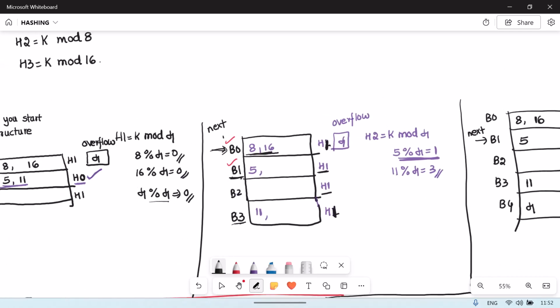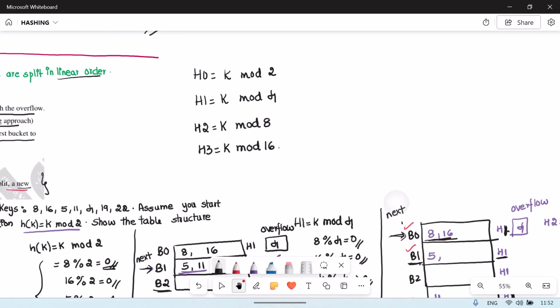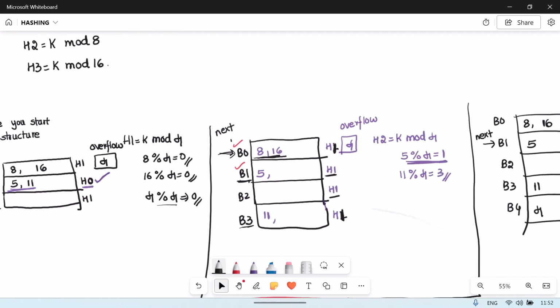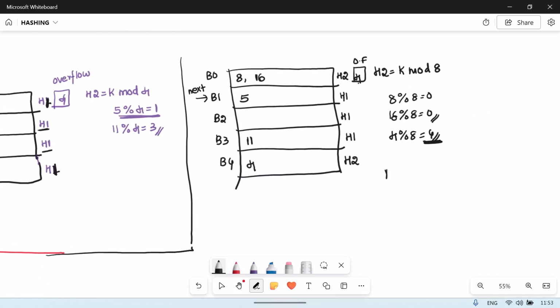The next values that we have are 19 and 22. Once we have done one round, mod 2 is already over, right? Everything with respect to mod 2 is over. So what are we left with now? Mod 4.